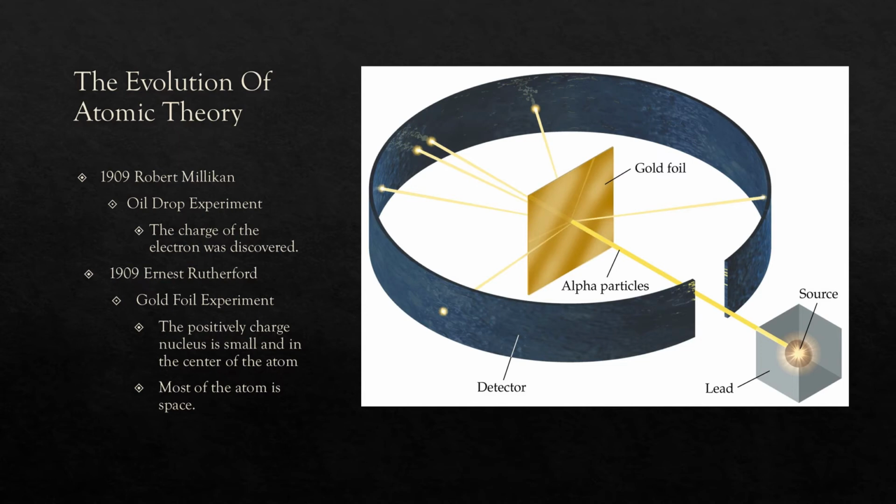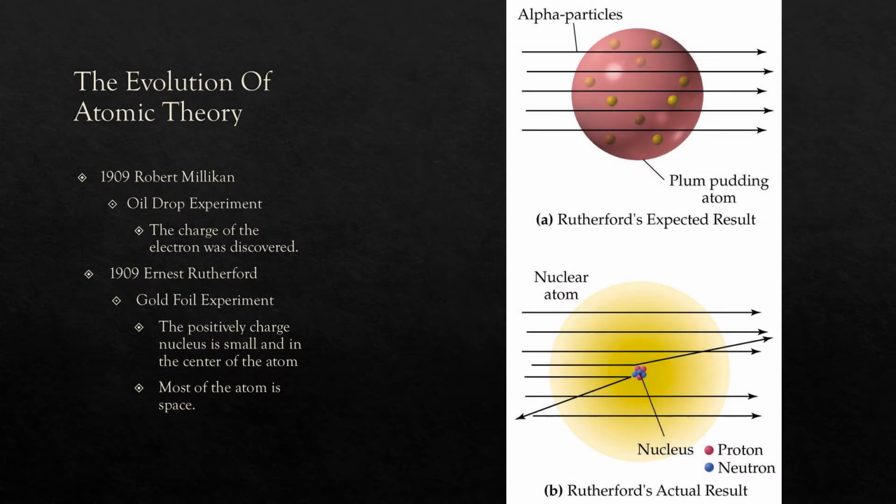Instead, he found that the alpha particles had bounced all over. Most of them had gone straight through, but some of them did not. And this led him to discover these findings. There is a small positively charged nucleus in the center of the atom, and most of the atom is space.